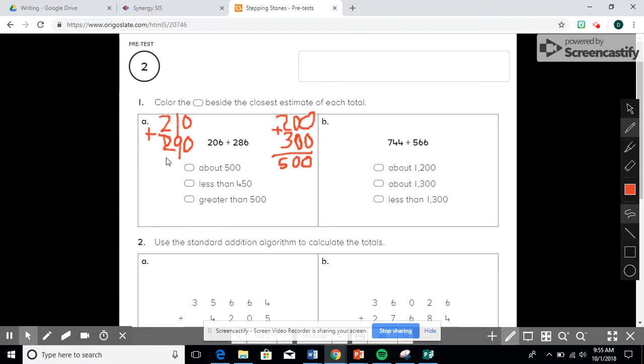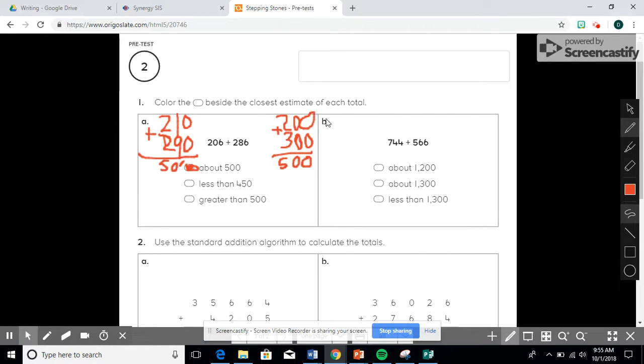And that would get us to still 500. So we know it's not going to be less than 450, and it's definitely not going to be greater than 500 either. So our answer would be this first one, about 500.